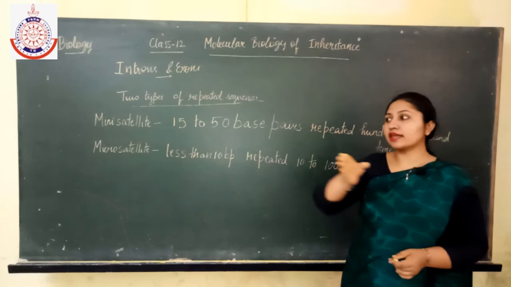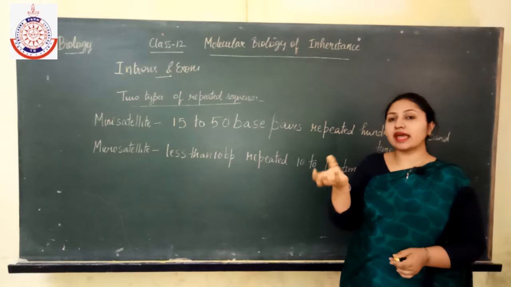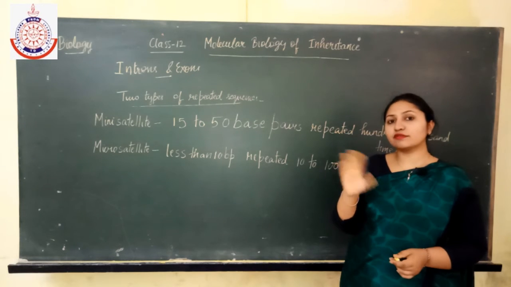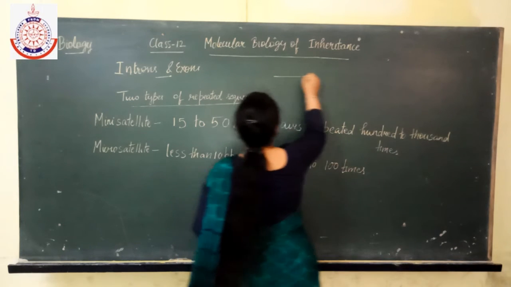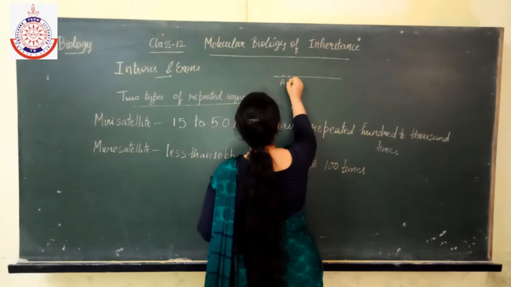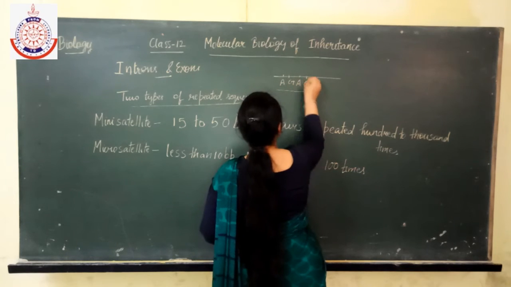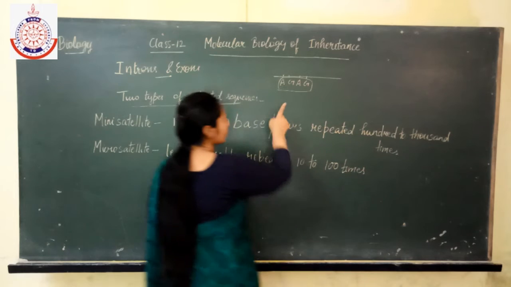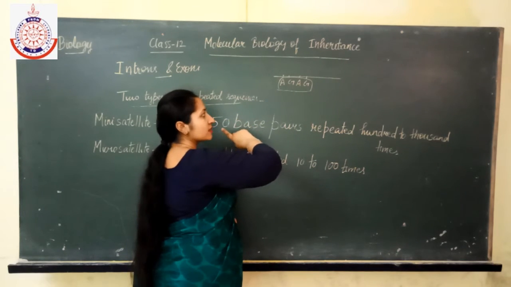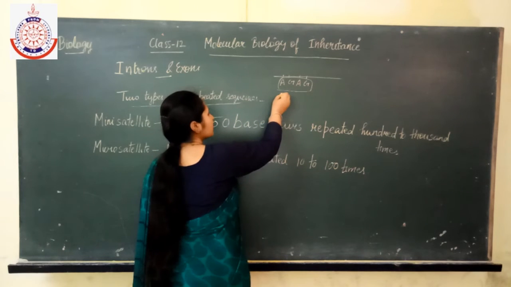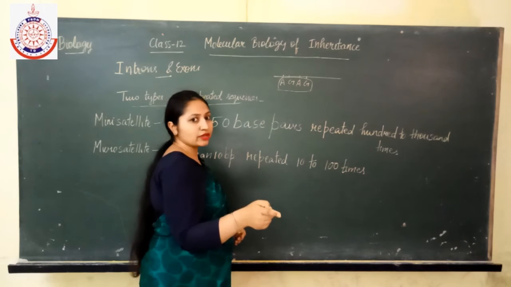Suppose a repeated sequence is present and the same repeated sequence is different in two organisms. Like suppose this is a sequence having A, G, A, G. Suppose this is the repeated sequence, and in one organism it is present at one gene locus, but the same repeated sequence is present at a different gene locus in another organism.